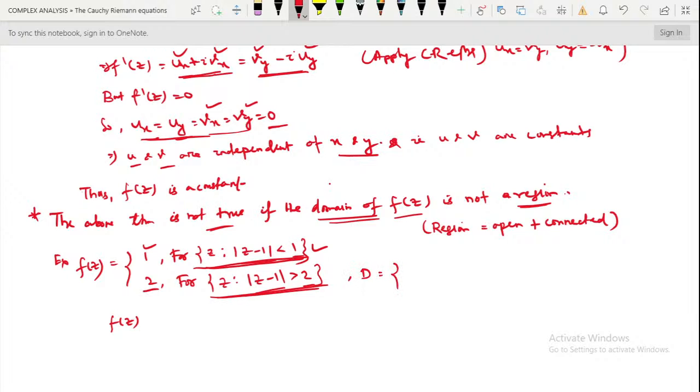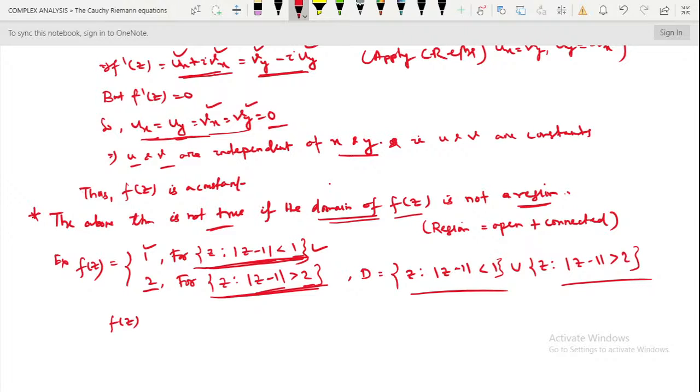So your domain is equal to those z with modulus of z minus 1 less than 1, union those z such that modulus of z minus 1 is greater than 2. f of z is defined in this way: in this region its value is 1, and in this region its value is 2.